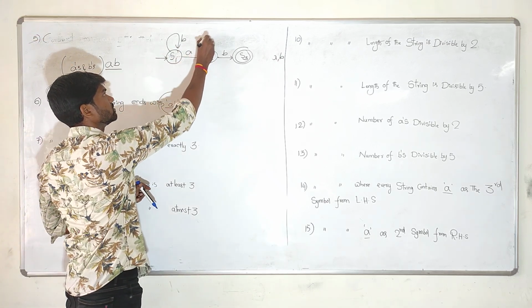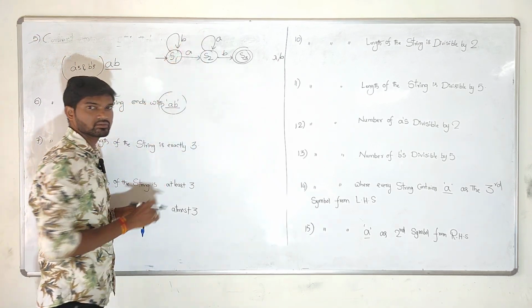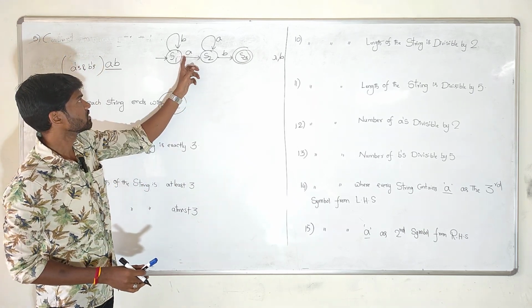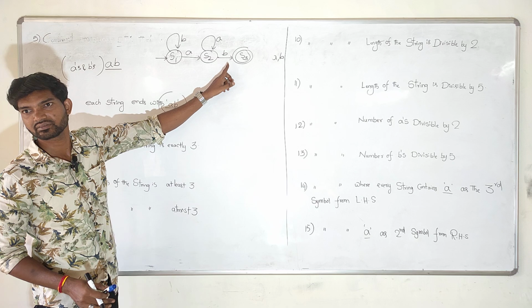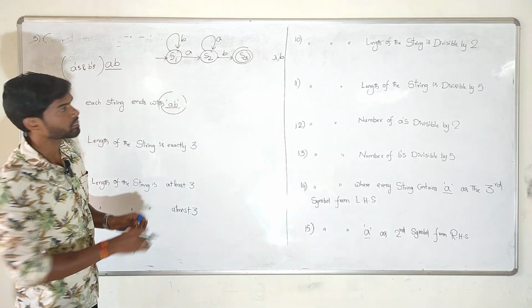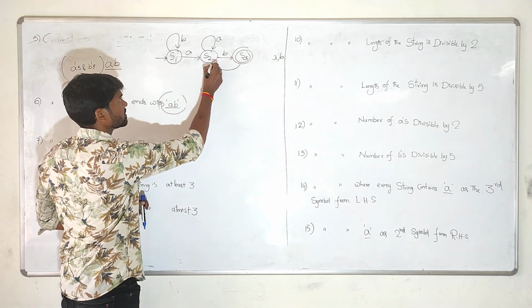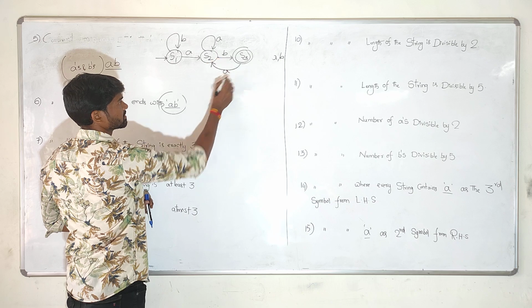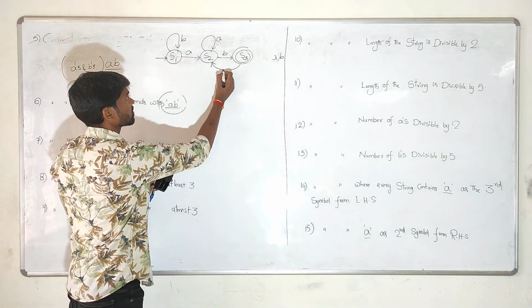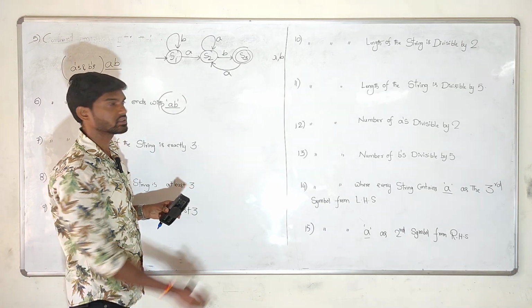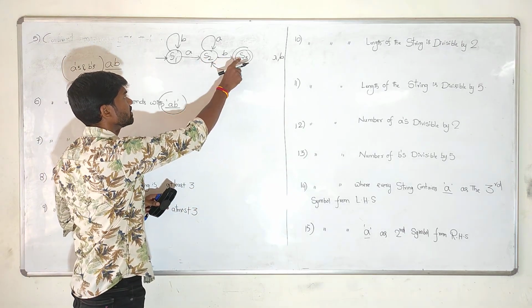And on S2, if any number of A's come, any problem for us? There is no restriction. It always ends with AB only. Any number of A's, B's, always ends with AB only. And on S3, like this, a single A comes. It is also one possibility.